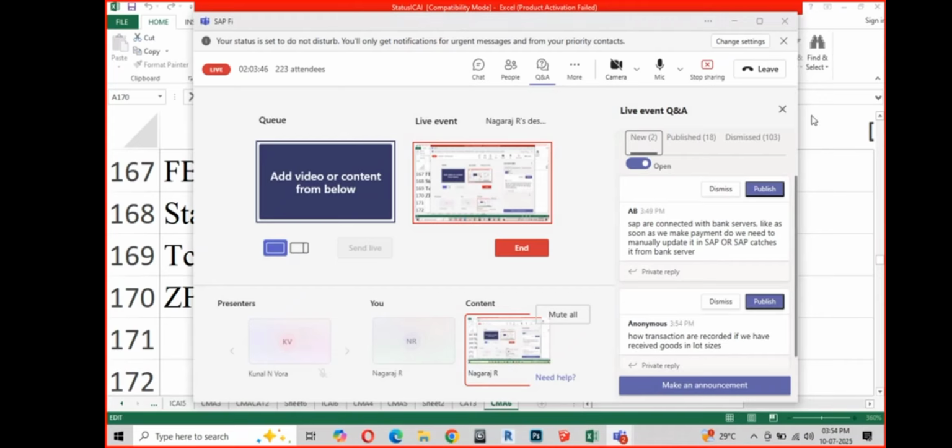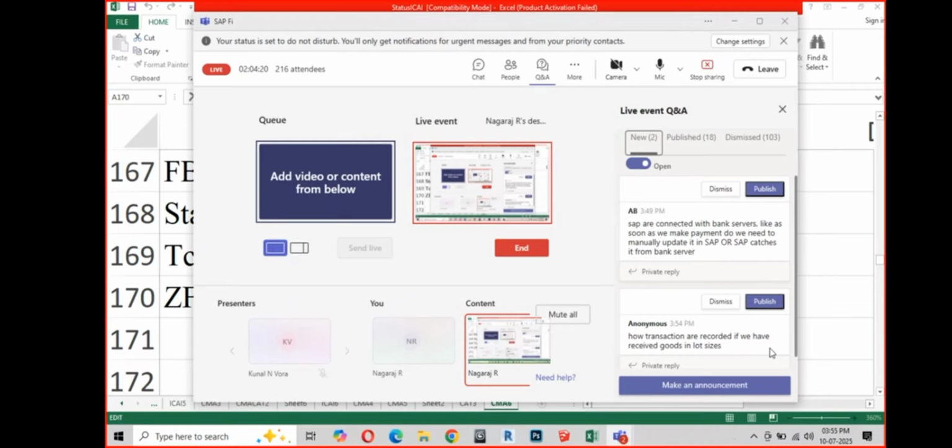How are transactions recorded if we have received goods in lot sizes? This is taken care of if you are talking about the purchase. Just correct me if I've understood your question the other way. Or can you explain this question in a much better way?